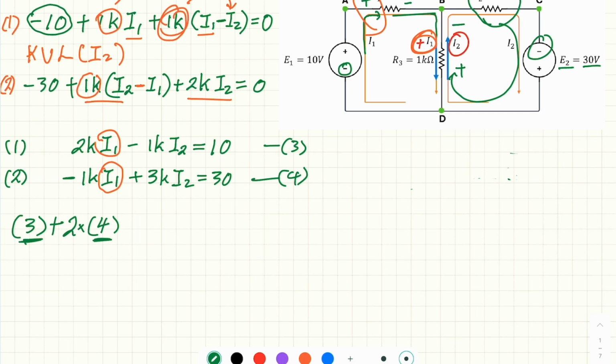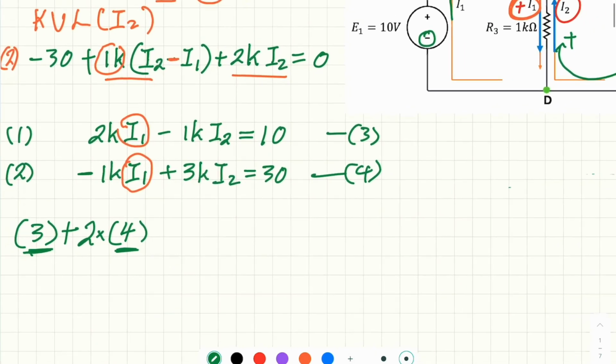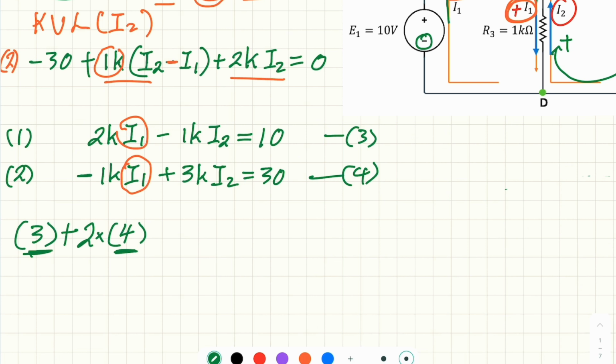And now, how about I2? We can follow the rule. Equation 3, I2, the coefficient is here. So this is minus 1K plus, look at the coefficient, 2 times 4. So it means 2 times 3K.